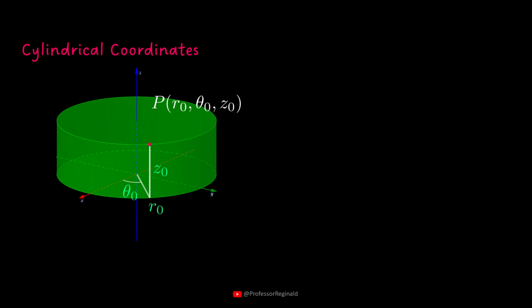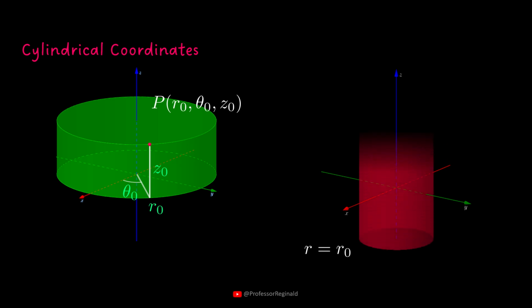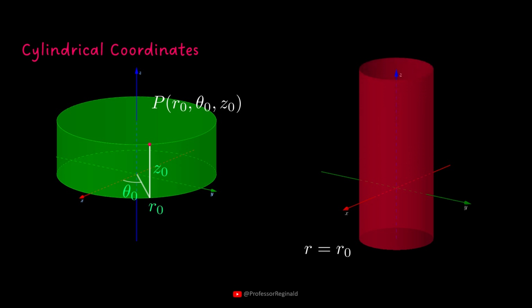So it follows that constant surfaces in cylindrical coordinates have the following graphs. The graph of r equals a constant r0 is a right circular cylindrical surface centered on the z-axis, with radius r0.